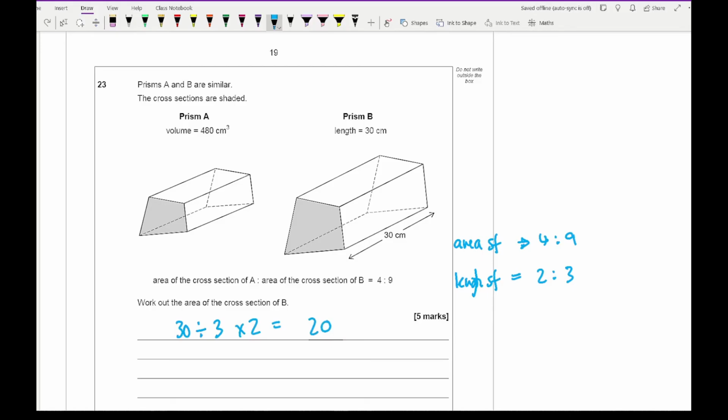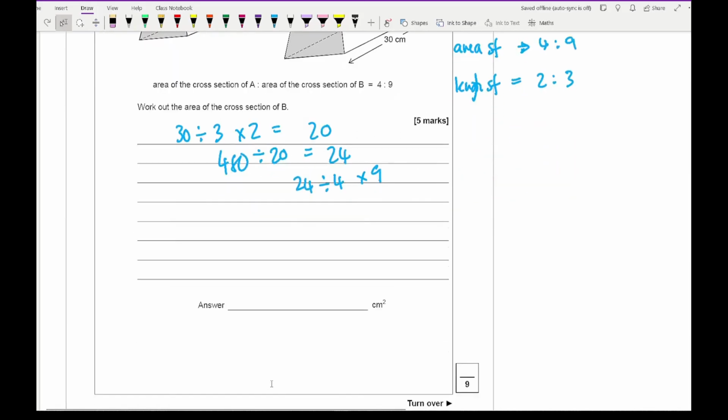Then from this 20, what I need to do is 480, which is the volume of prism A, divided by 20, which gives me 24. And then from this 24, all I need to do is 24 divided by 4, and then multiply it by 9 because I want 9 parts. And if I work that out, I then get an answer of 54.